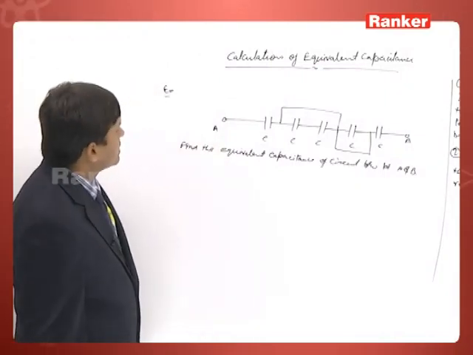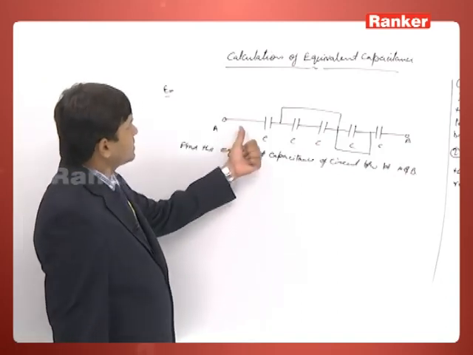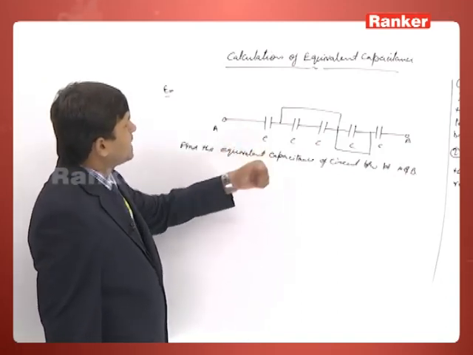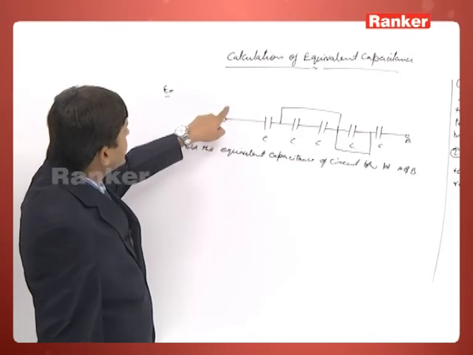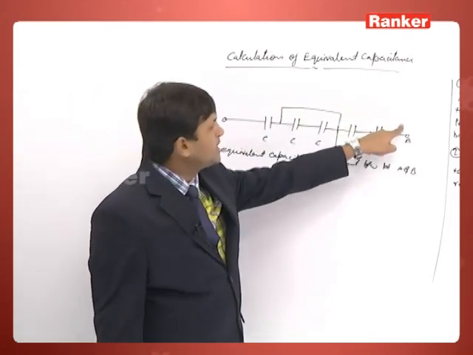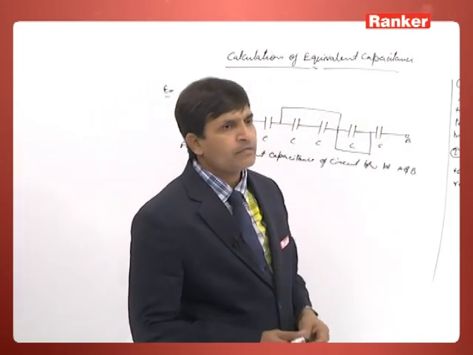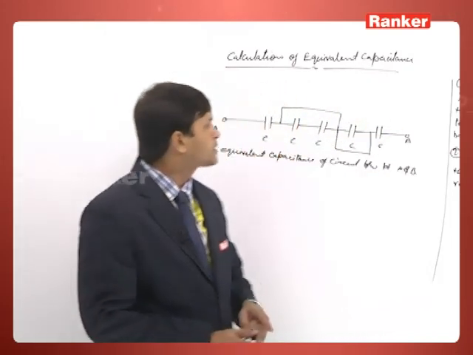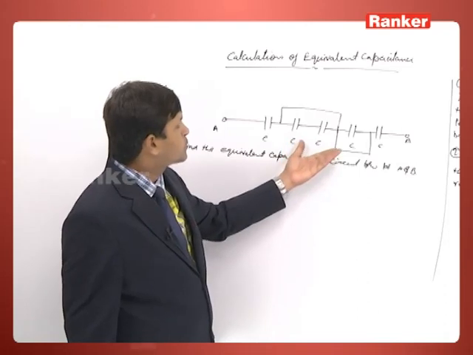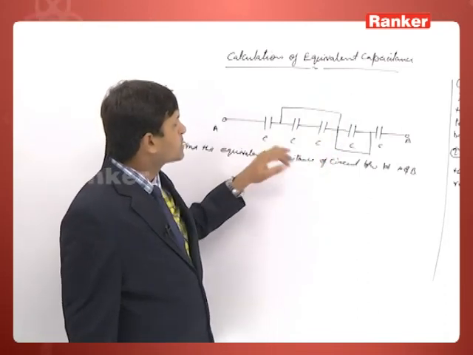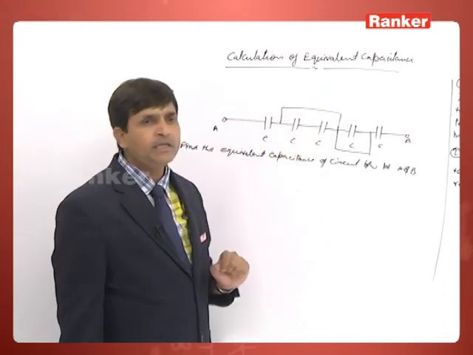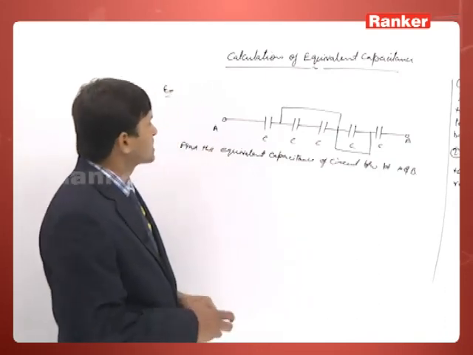Now, first of all, equivalent between A and B means if we are joining a battery across A and B, which of the capacitor shows the effect on the circuit, that will come in the equivalent capacitance.